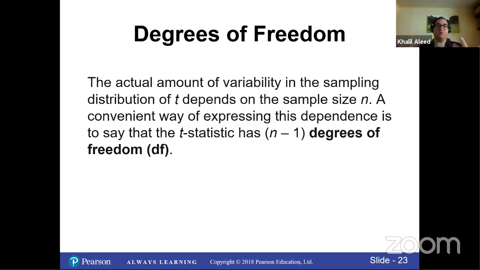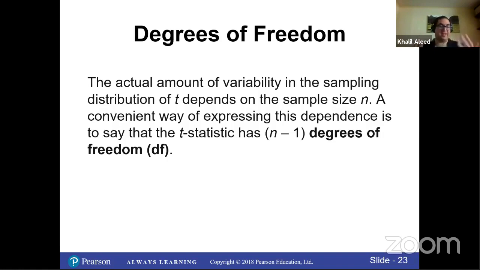So keep on to the last student. The last student, I don't have the freedom to choose. I'm stuck with him or her because it's the last student. So for a sample of 8, your degrees of freedom is the sample size, 8, minus 1, which gives you 7 degrees of freedom.